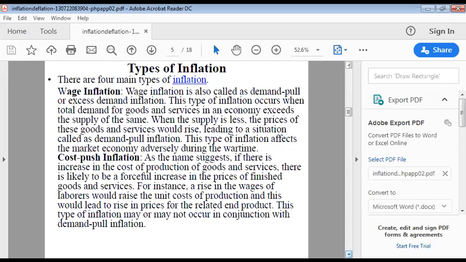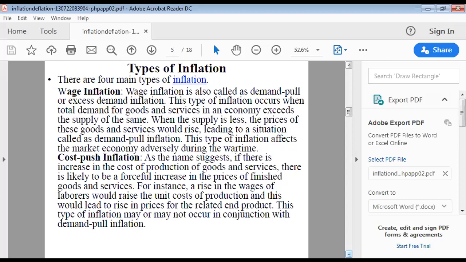Cost push inflation, as the name suggests: if there is an increase in the cost of production of goods and services, there is likely to be a forceful increase in the prices of finished goods and services. For instance, a rise in the wages of laborers will raise the unit cost of production, and this will lead to a rise in prices for the related end product, most especially when the elasticity of demand for that good is inelastic.